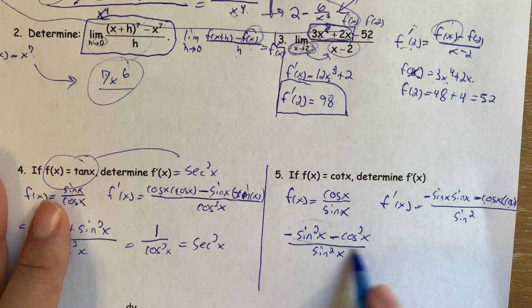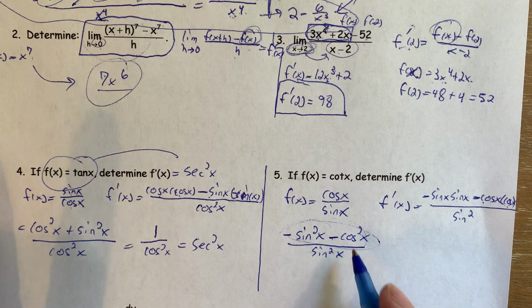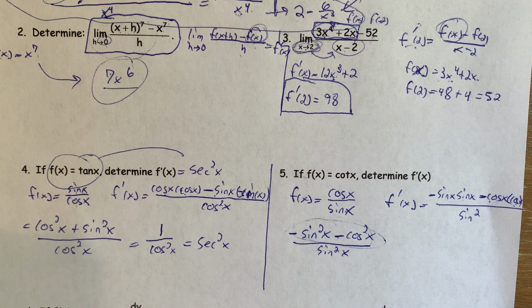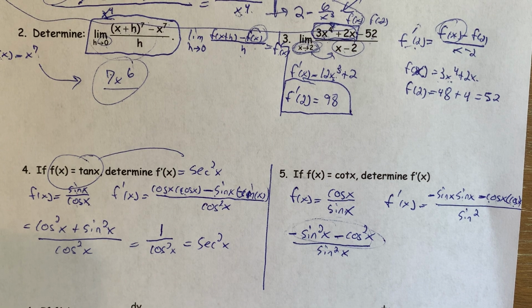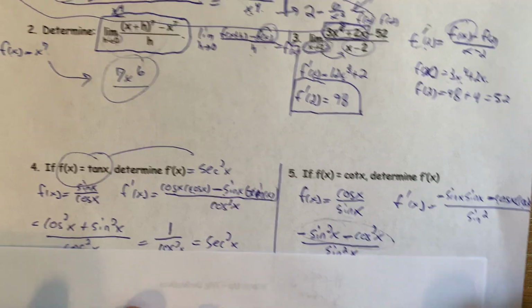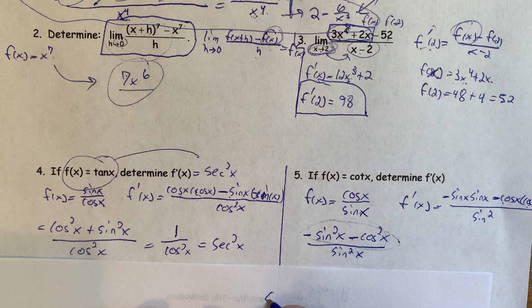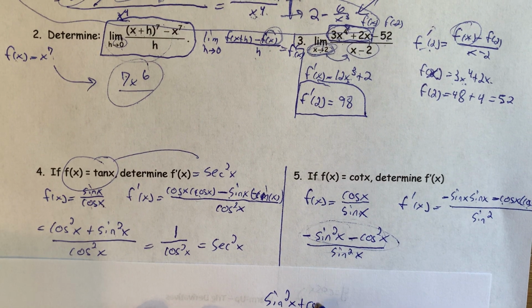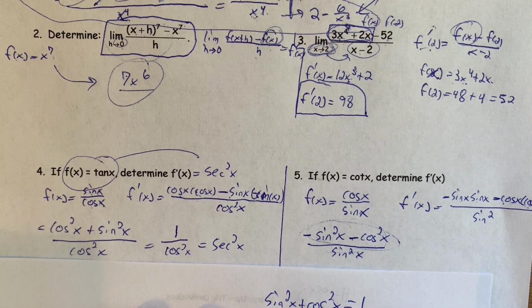And whenever you see a sine squared or a cosine squared plus or minus something, you should really be thinking, is there a way to use that Pythagorean identity? And this one's a little trickier. Remember the main Pythagorean identity you're supposed to know is sine squared plus cosine squared equals 1. Well, is that what this is? No, but we can get there. There are two ways to do it.